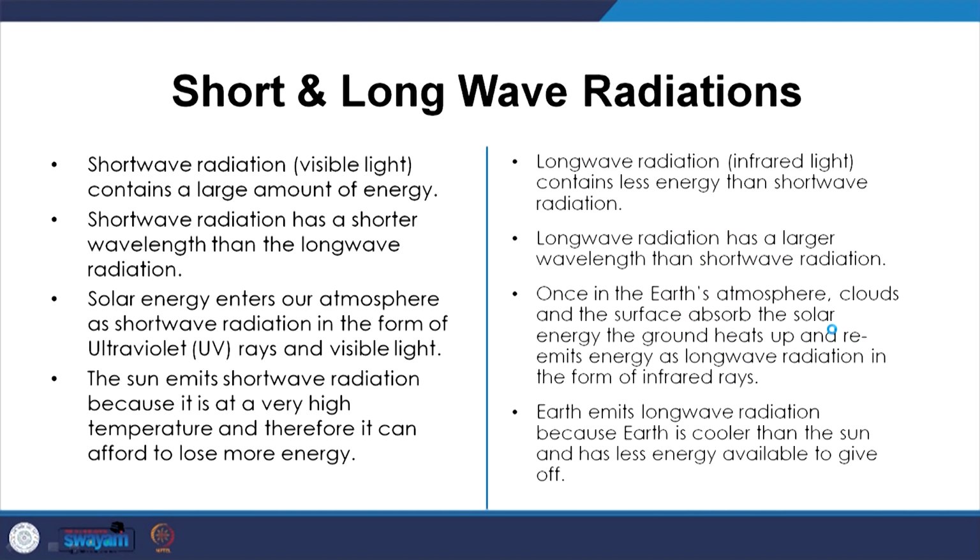So, all these 4 ways of heat transfer are responsible for causing heat exchange in a building. A building both receives heat and loses heat through any of the 4 mechanisms: conduction, convection, evaporation or radiation.